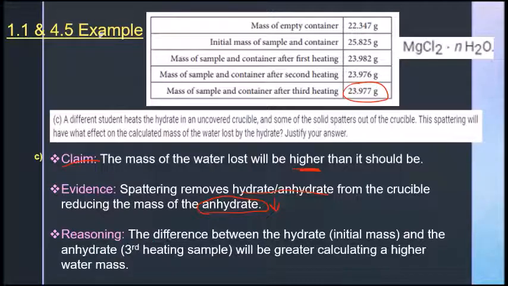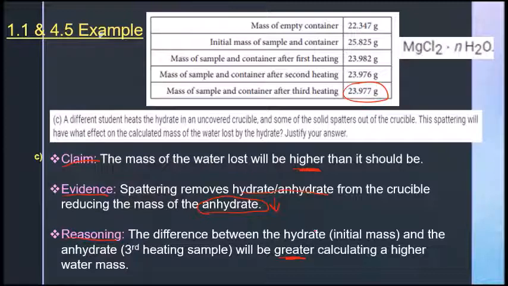Now the reasoning: when you go to analyze your data, the difference between the hydrate and the anhydrate now is going to be greater, and thus calculating the higher water mass. So claim, evidence, reasoning, that's how you should approach these as you're explaining.